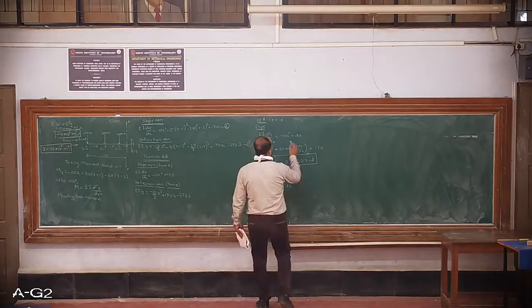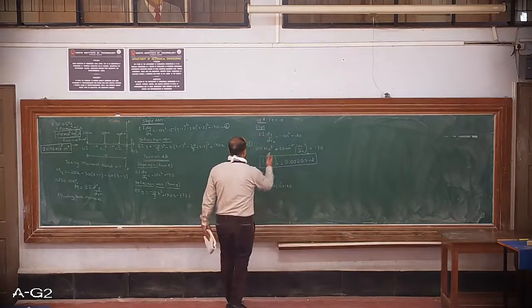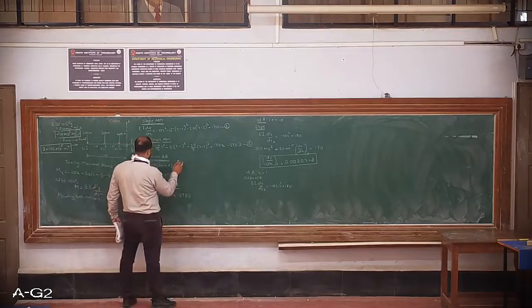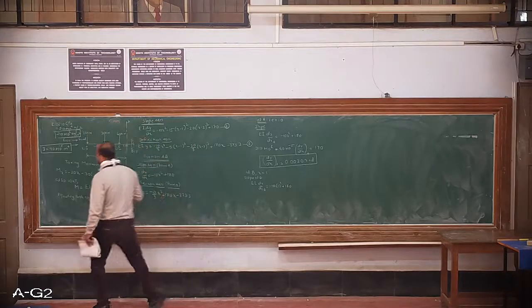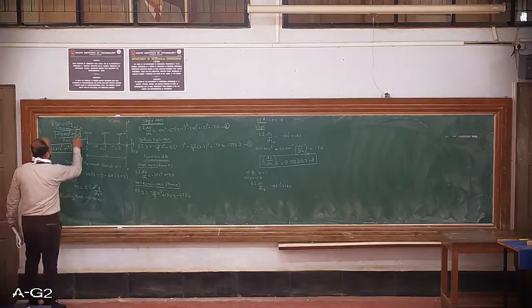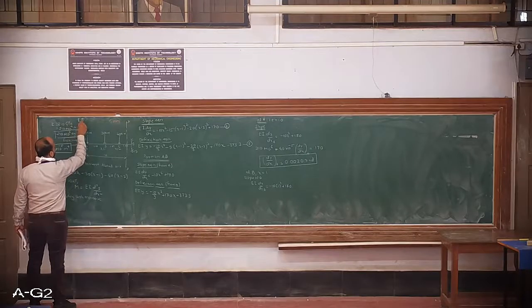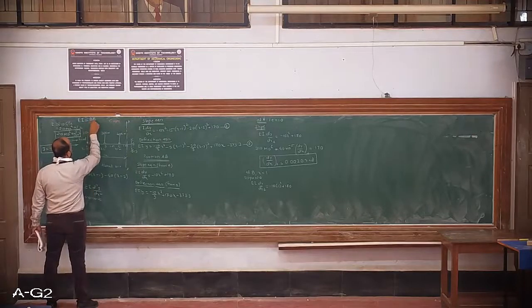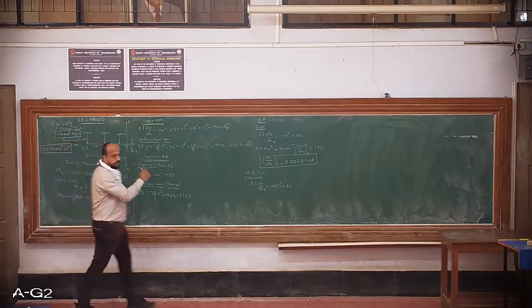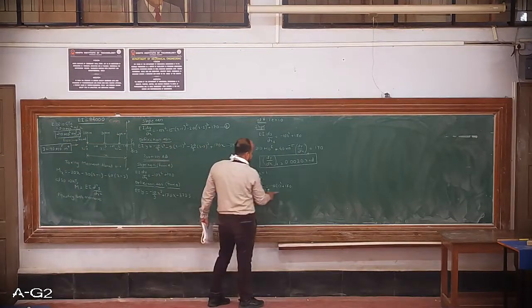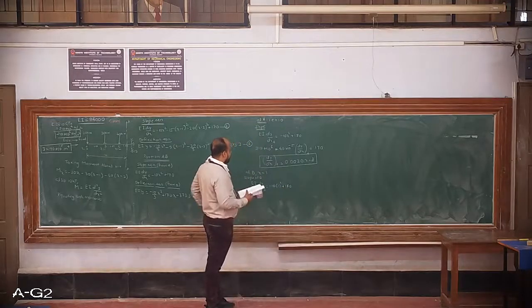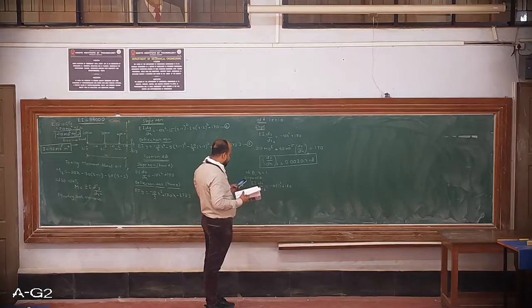EI product, what I have got is 84,000. So minus 10 plus 170 is 160, divided by 84,000.